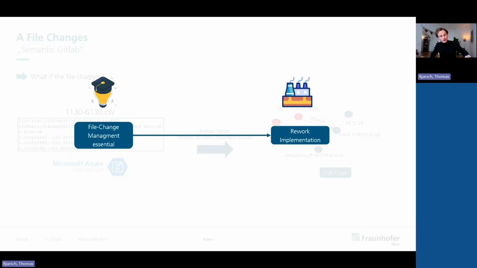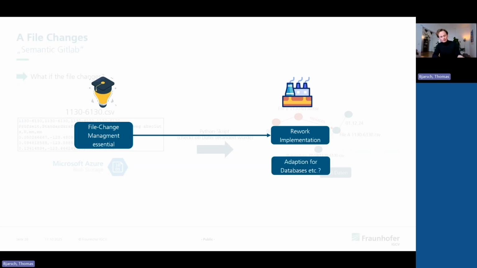Lessons learned here: this file change management is somehow essential because files will change, and if you want to have FAIR data, you somehow have to address that they are not static. But the current implementation, mainly regarding performance, may need rework to really get production ready.